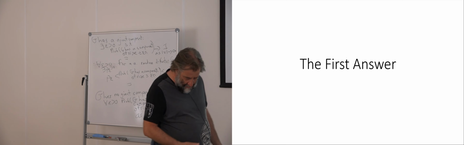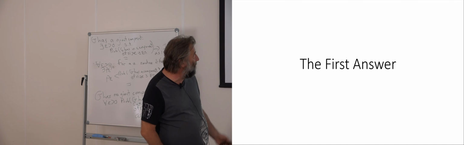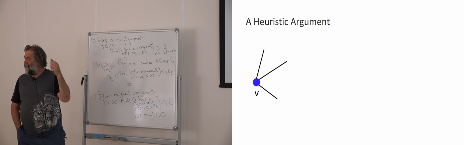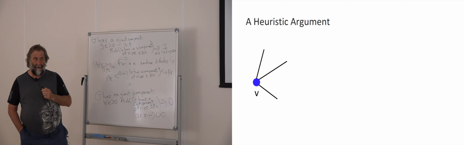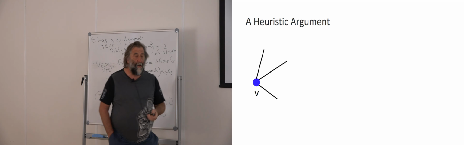Okay? And so now I'm going to start off by trying to answer that question. And I'll start with an answer from 1995. Okay, so what's your heuristic argument? You want to start with a vertex, and you want to explore the component that contains that vertex. So you start off, you look at what the degree of v is, and you have that many open edges to explore.